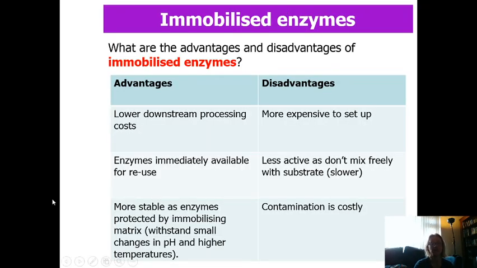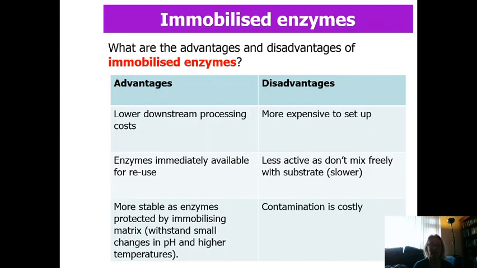So I mentioned one of the advantages already, which is that you've got these lower downstreaming costs because those enzymes are fixed in place. The enzymes are then immediately available for reuse as well.